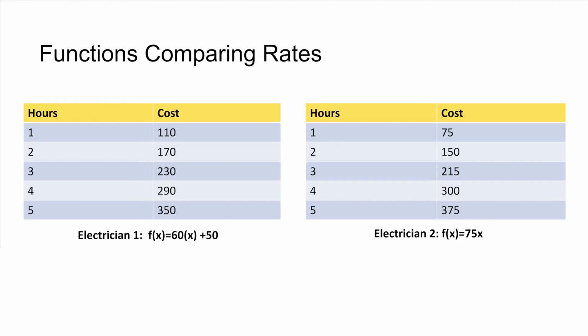Isaiah likes both electricians. So how does he choose which one to use based on prices only? I am going to show you how to use tables in order to compare the two electricians. I am still using the same functions, but the tables allow for easy comparison.